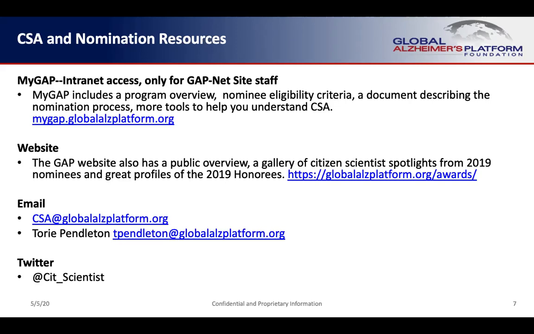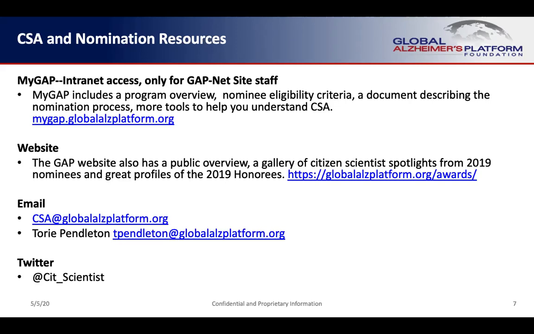And then we also have our GAP website that has a CSA dedicated page. This gives you access to the public overview of citizen scientists, a gallery of citizen scientist spotlights from the 2019 nominees. We have great profiles of our 2019 honorees, and we also have the videos that highlight both the honorees and the GAPNet sites that they are from.